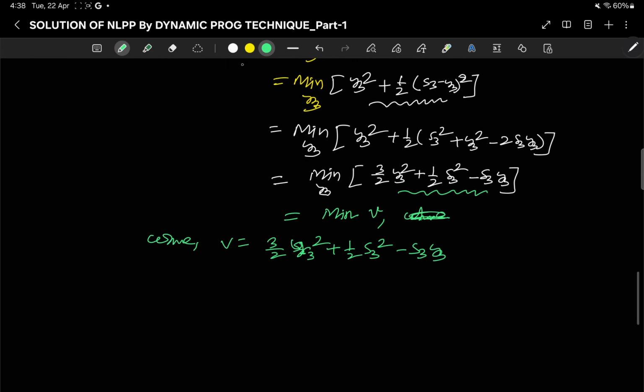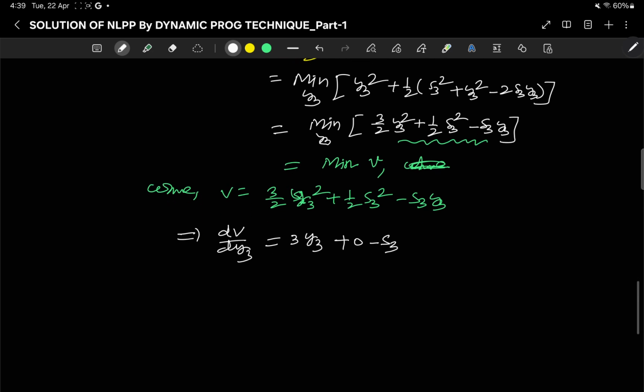Now find the first derivative, dv by dy3. This is equal to 3 y3 plus 0 minus s3, and this is equal to 0 because of the first order condition.